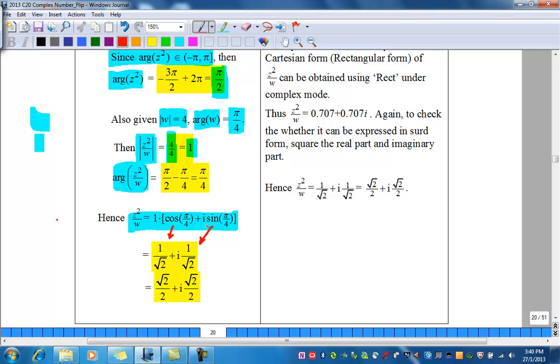And we can rationalize it to get root 2 over 2 plus i root 2 over 2, which is what is required in the question.